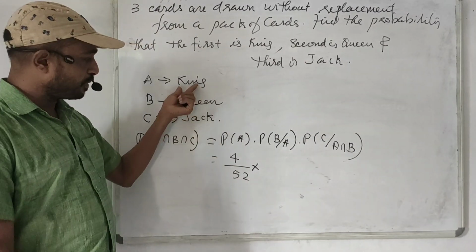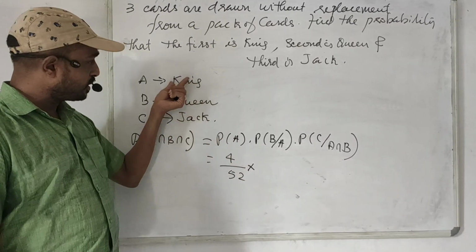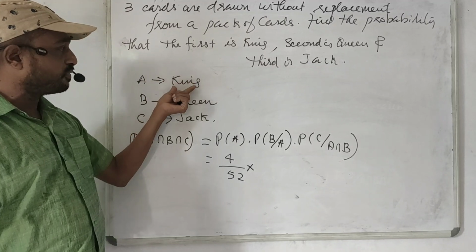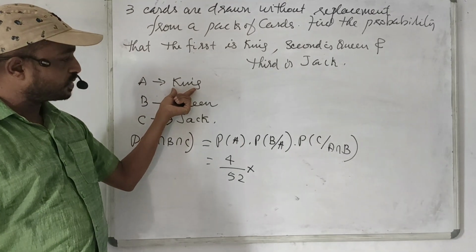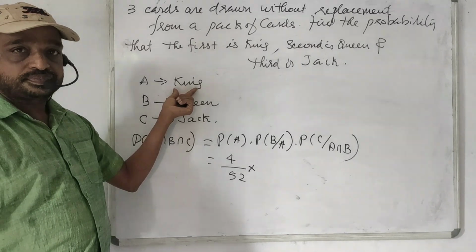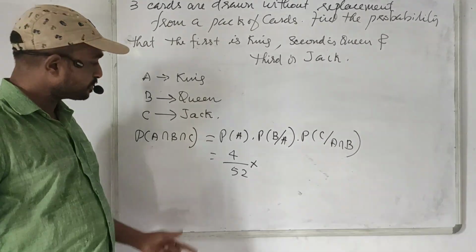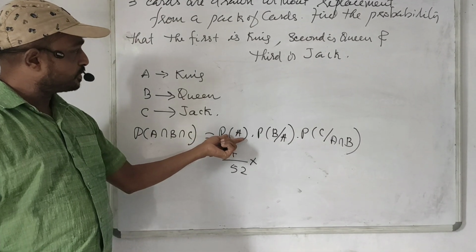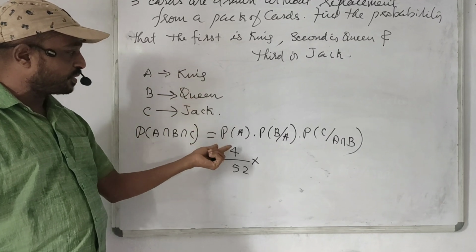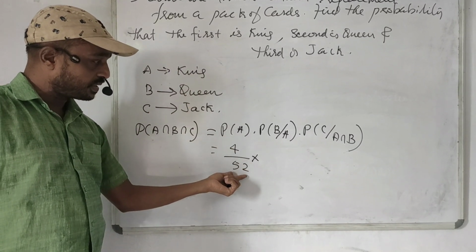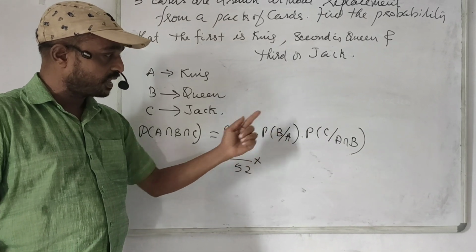I think you are well aware of the playing cards and their suits. So the probability of drawing a king is the number of kings divided by the total number of cards, 4 by 52, into what is P of B given A?